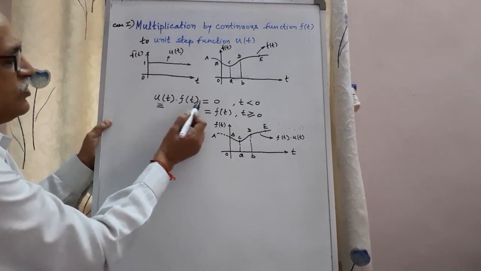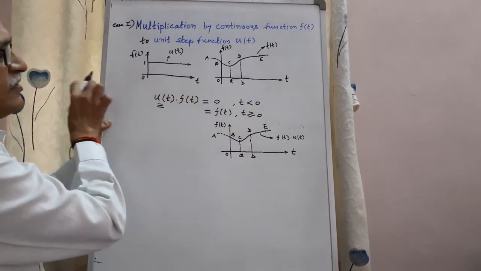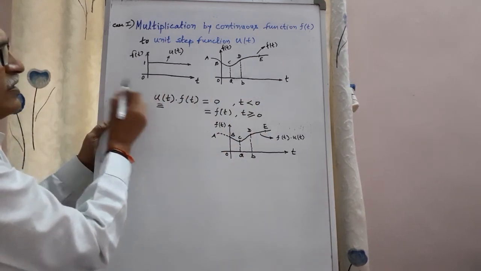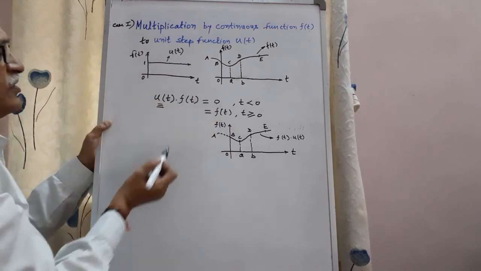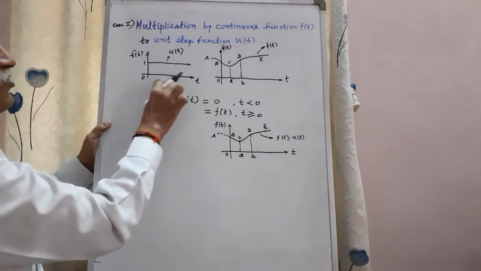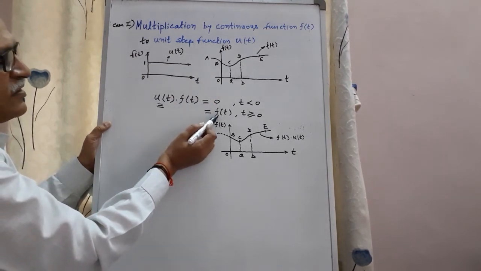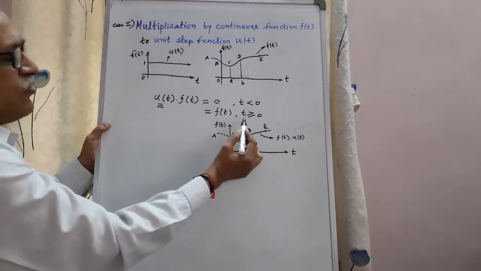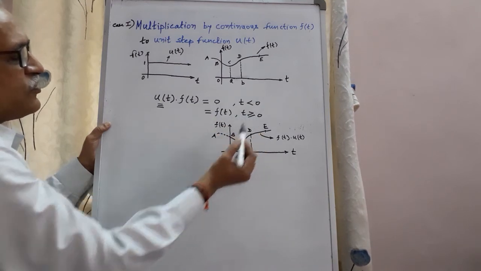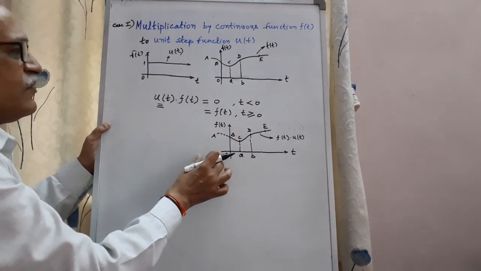We are having two values for u of t, 0 and 1. Therefore, when it is 0, this product becomes 0 for the condition t less than 0. For negative part, it becomes 0. Second value for u of t is 1 for positive values of t. Therefore, 1 into f of t we get as f of t for condition t greater than or equals to 0. The same we can represent in terms of figure.